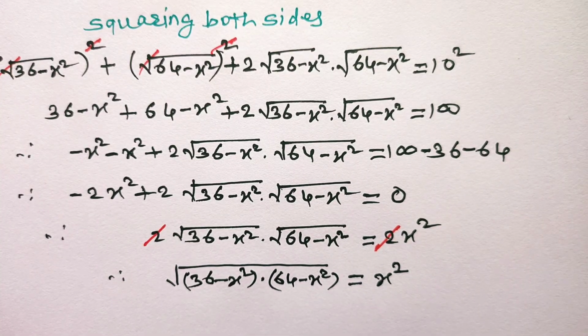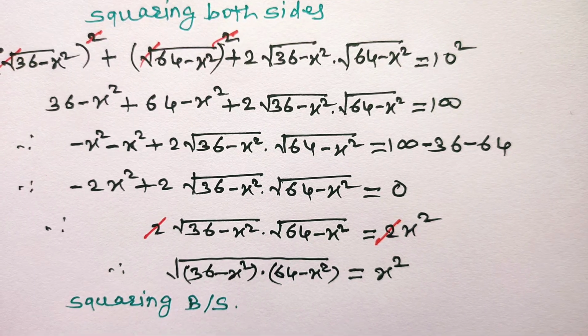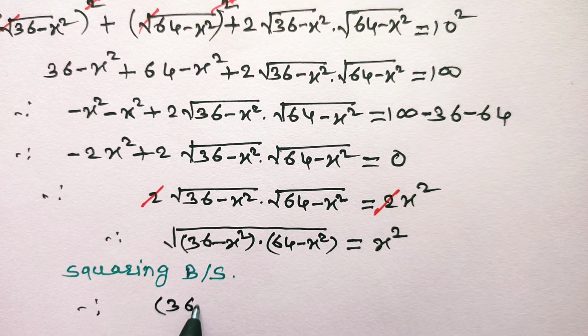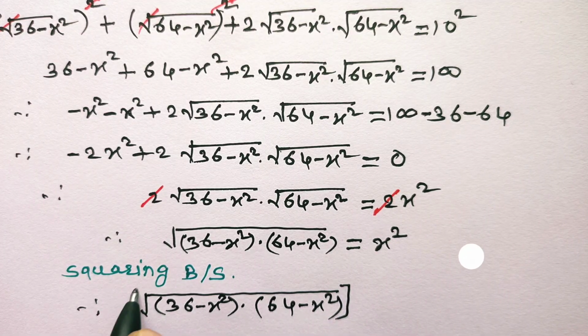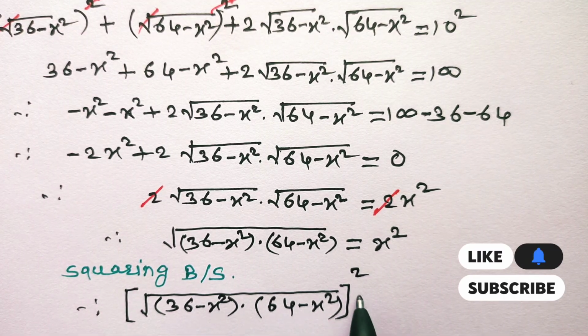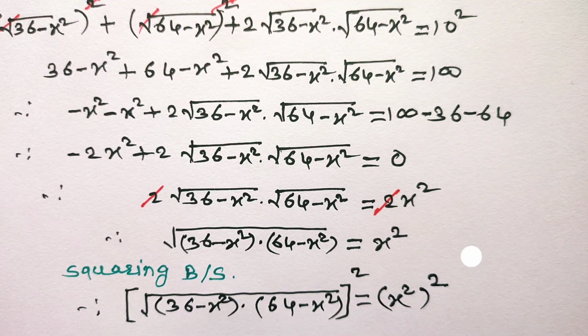Squaring both sides, square root of (36 minus x square into 64 minus x square) and its square, this is equal to x square, its square.